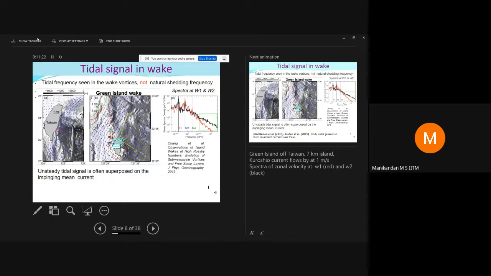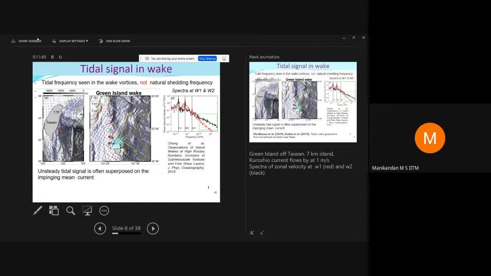And what they found was that they had peaks at M2. M2 is a semi-diurnal tide. It has a period of 12.4 hours. And then K1, which is a diurnal frequency, and then you have M4, which is the higher frequency. So these tidal constituents had the peaks.